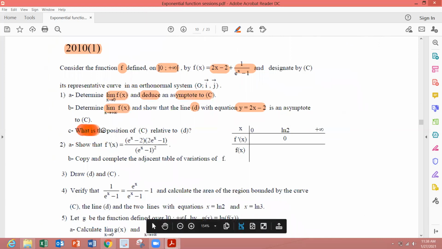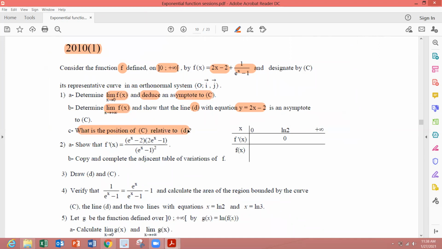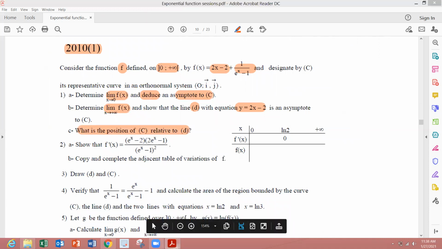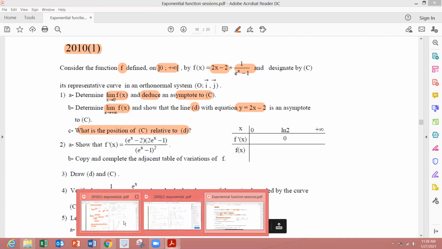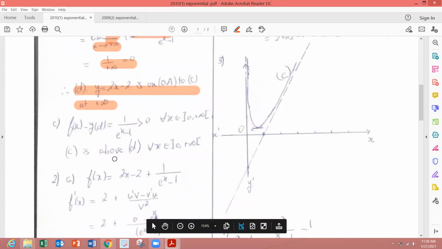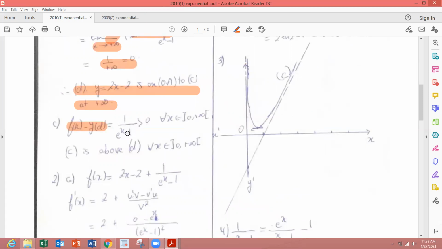What is the relative position of C and D? How to study the position between C and D? We study the sign of f(x) minus y_D. f(x) minus y_D gives 1 over e^x minus 1.